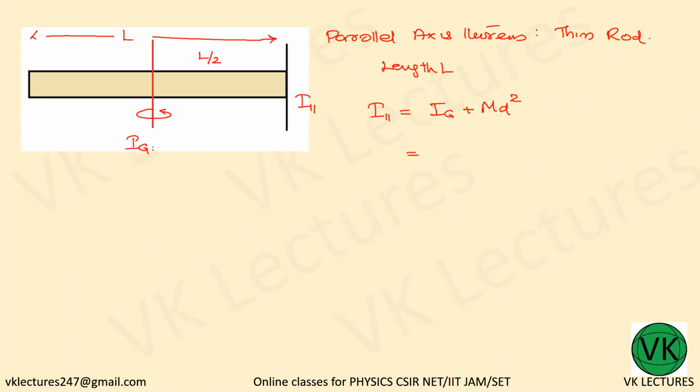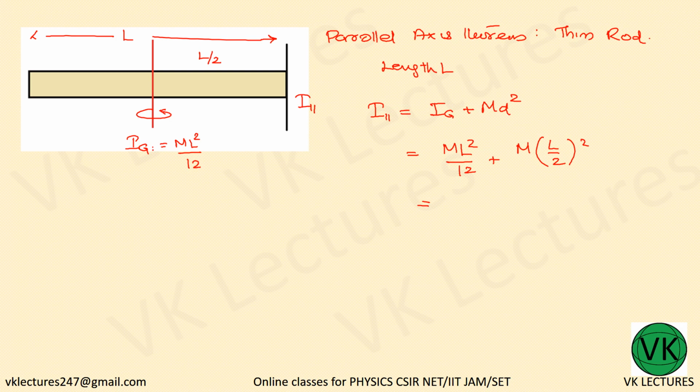Now IG through the center, we know, is equal to ml squared by 12. So ml squared by 12 plus d, which is L by 2, so L by 2 whole squared.